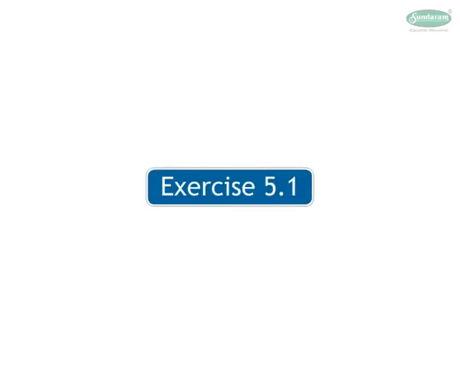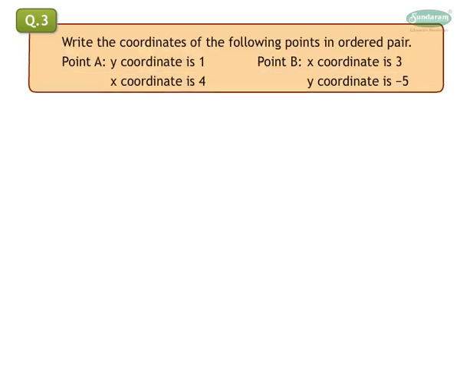Exercise 5.1. Question 3. We now write the coordinates of the following points as ordered pairs. Point A: y-coordinate is 1, x-coordinate is 4. Point B: x-coordinate is 3, y-coordinate is -5.